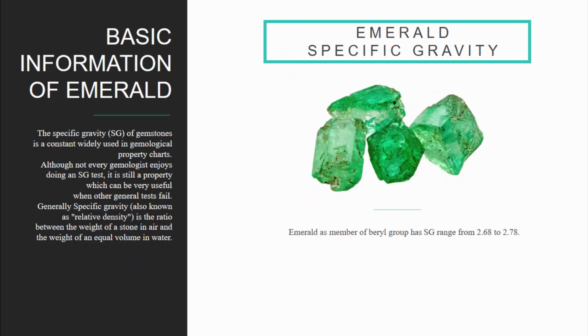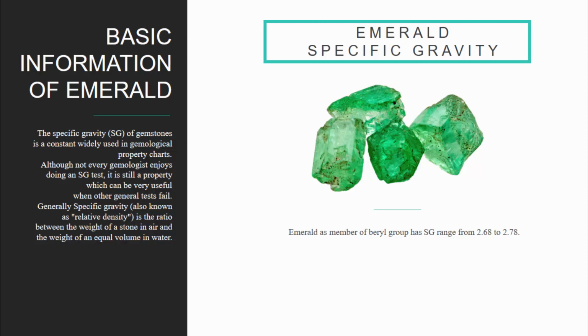Another physical property of gemstones is specific gravity, which is also known as relative density. It is a number defined as the ratio between the weight of a stone in air and the weight of an equal volume of water.